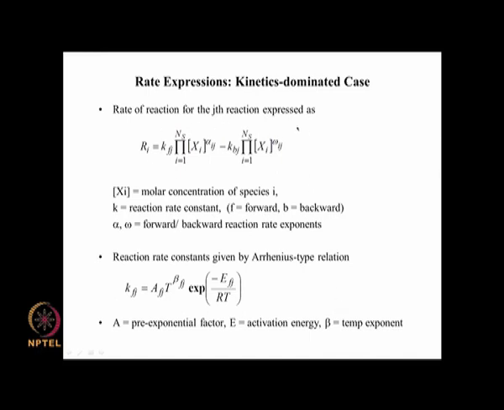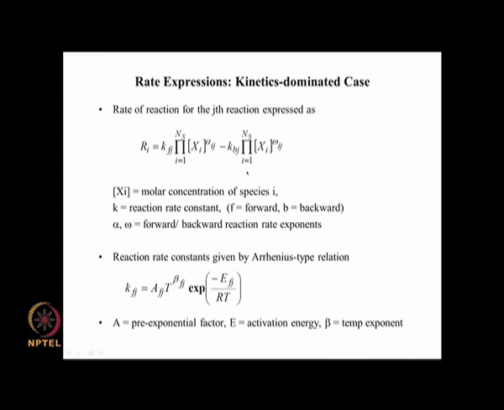The rates of reaction of each of these are specified. For example, in the case of a rate controlling reaction, in the form of a forward reaction rate and a backward reaction rate, and concentrations and exponents here, expressing the order of the reaction.